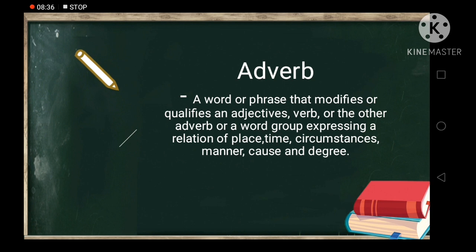Examples are the words near, far, here, and etc. Third is the adverb of time. Examples, yesterday, now, tomorrow, and etc. And lastly is the adverb of frequency. The examples of it are often, sometimes, usually, and many other words.